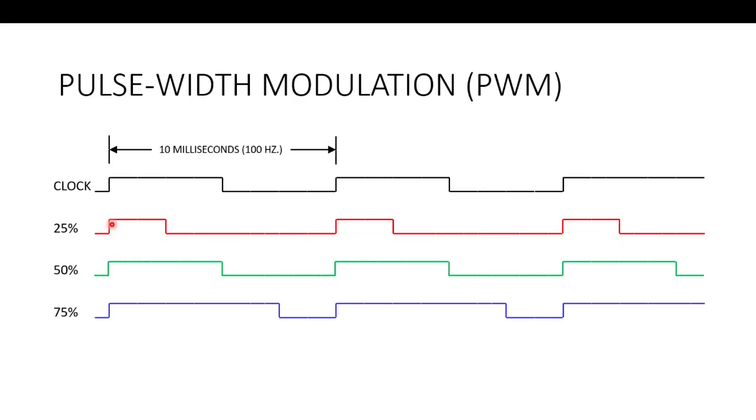And that means the on time is very short and the rest of the time is off, which can be used for things that can heat up. You can give a lot of power for a short period of time, then let it cool down, do it again. Or you can give it more power for a period of time, and you can turn it on all the way and have it on constantly, in which case it's just on, on, on, on. So that's how pulse width modulation works.